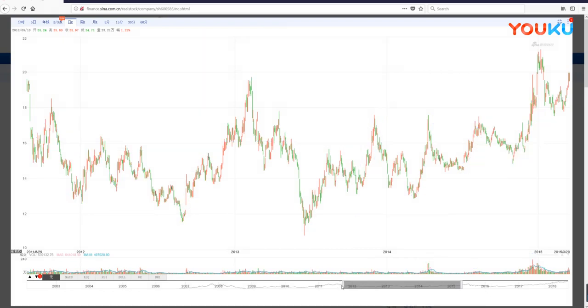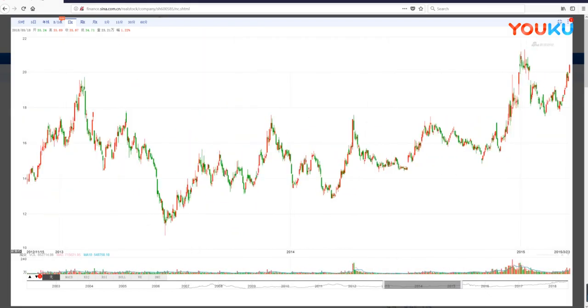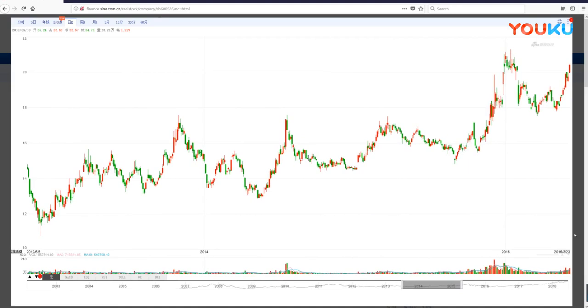Let's look into more details of this last run. And we could see that the predominant institutional signature is around this area right here. This is where institutions are extremely active. And look what happens next.